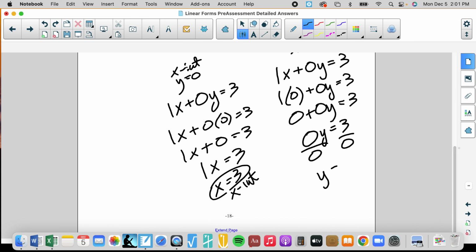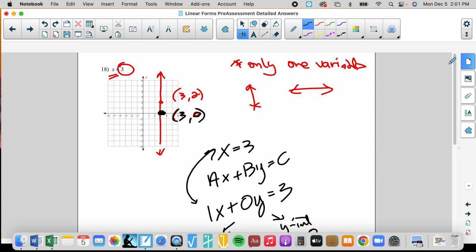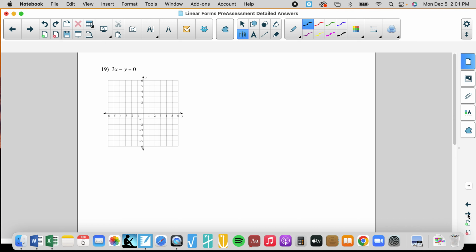And we get y equals, oh, that's impossible, so no y-intercept. Does this line cross the y-axis? No. So that means it has to be a vertical. Good? Good.